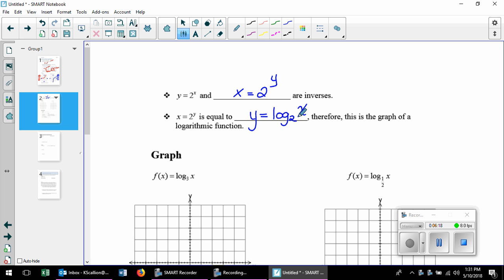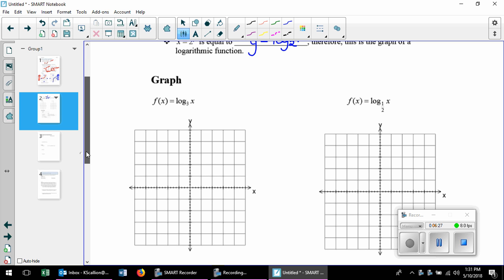I'm going to be asking you to switch forms back and forth. So now if we looked at this, could you put that in exponential form for me? Go.